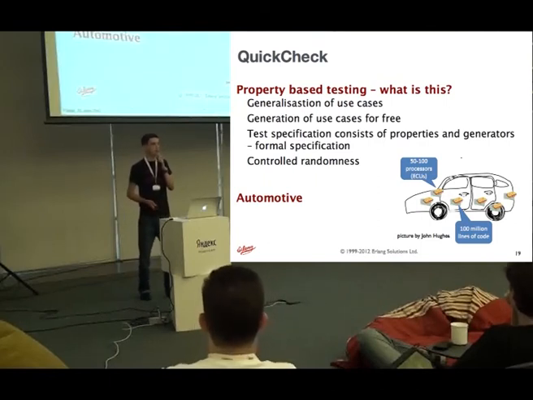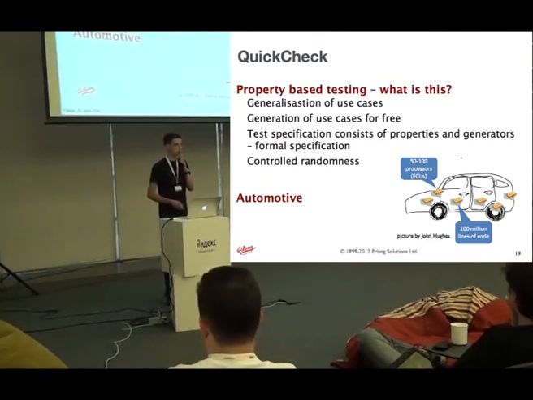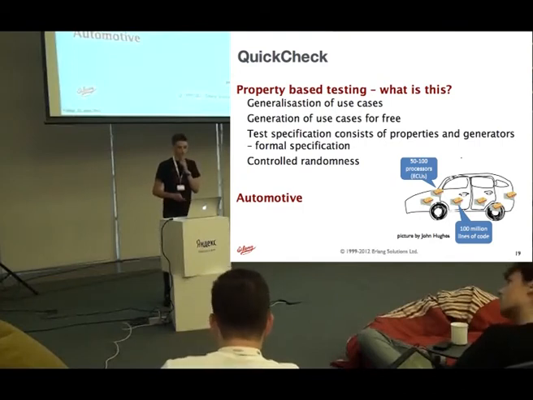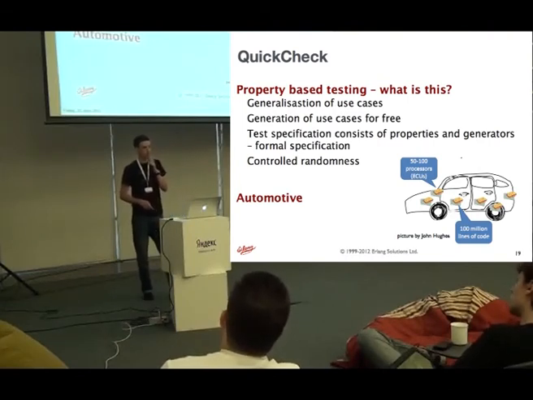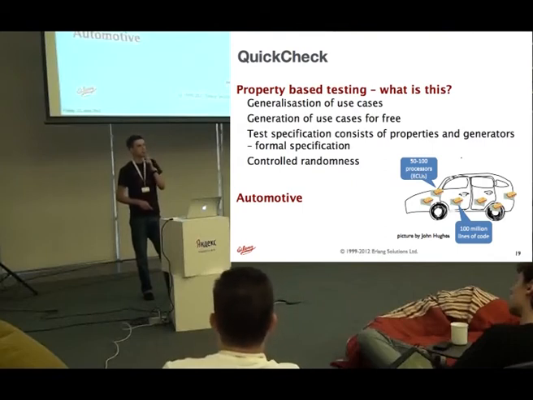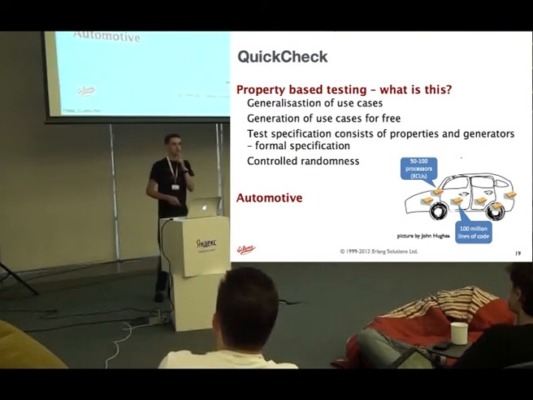And where has this been used? Well, in very many projects we are using this on a day-to-day basis, but one of the interesting use cases is the automotive industry. The QuviQ company behind QuickCheck has shared quite a few presentations on how they use Erlang and QuickCheck to test and verify modern cars, where you have tens, if not hundreds nowadays, of so-called ECUs, which are small units in a car that need to communicate with each other.